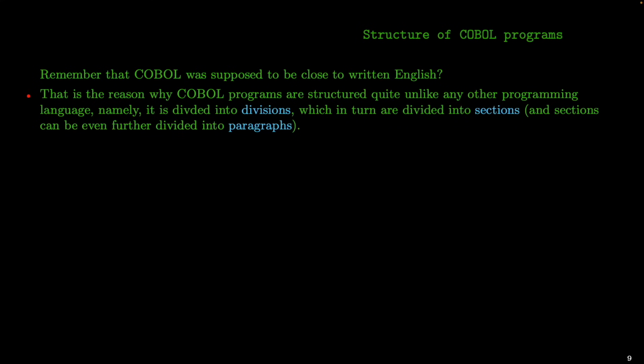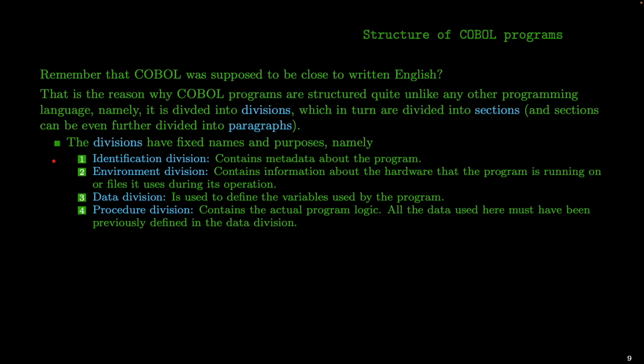This is quite different from the programming languages that we are normally used to. COBOL is hence divided into divisions, which can be further divided into sections, and sections can sometimes be further divided into paragraphs.